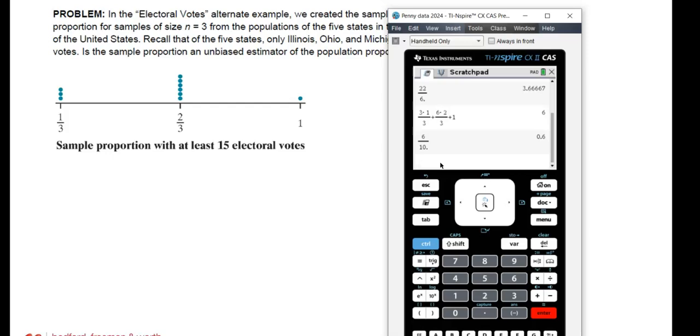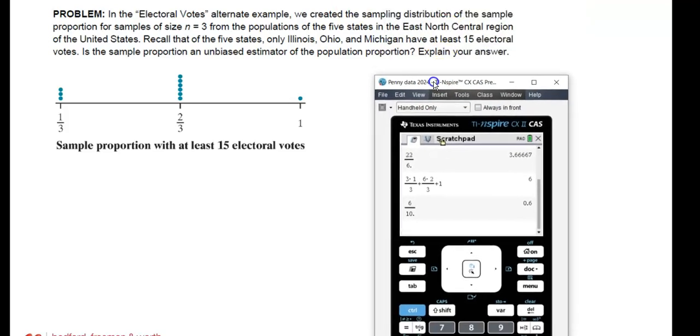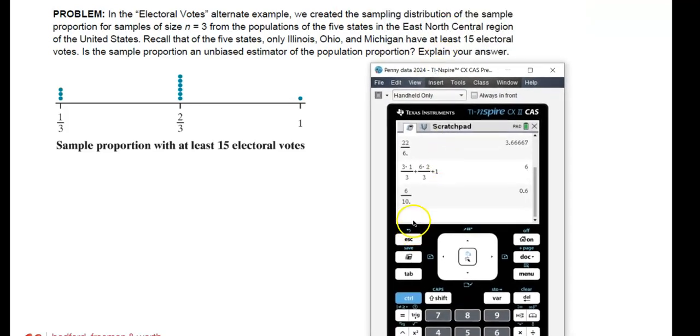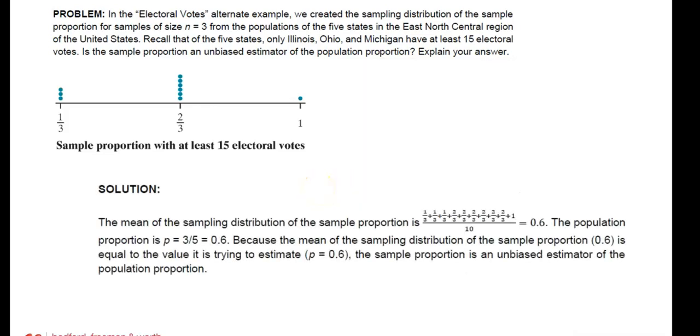The mean of the sampling distribution here would be 0.6. And if you look at the question, 3 of the 5 states have at least 15 electoral votes, so 3 divided by 5 is also 0.6. So that is an unbiased estimator. That's good because it matches the population proportion in this case.